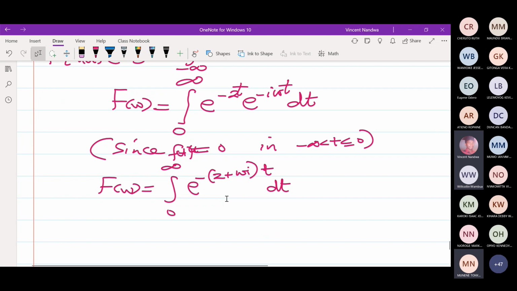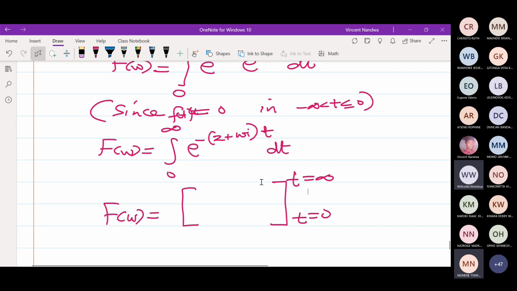So what would be the value of this integral? So t from 0 to t equals infinity, negative 1 over (2 plus i omega) times e power negative (2 plus i omega) t. Correct.